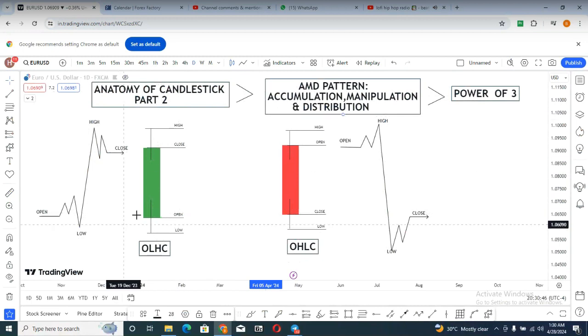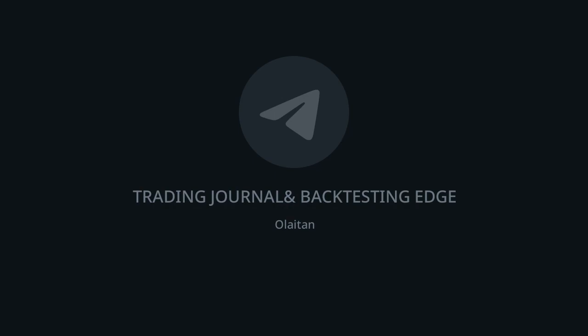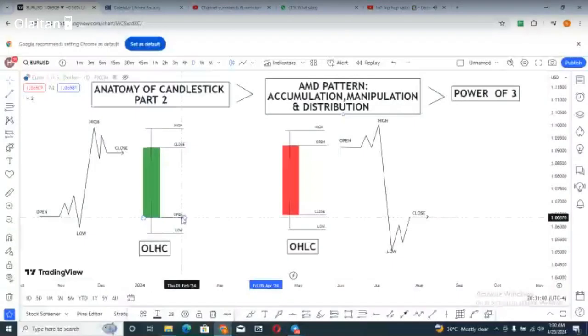Now every candle, from the monthly to the 1 minute, opens and closes this way in a bullish scenario. Price will open, then create a low, then create a high, then close.